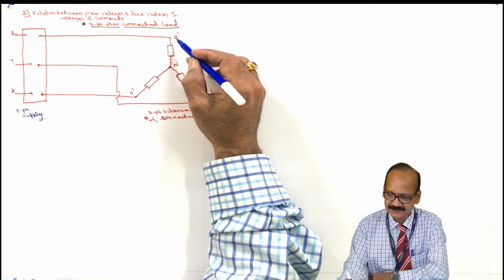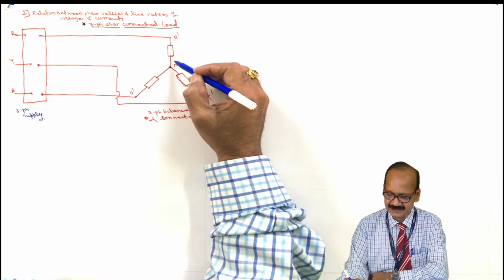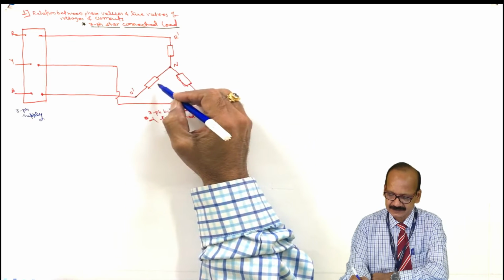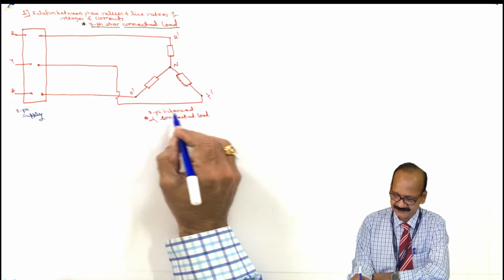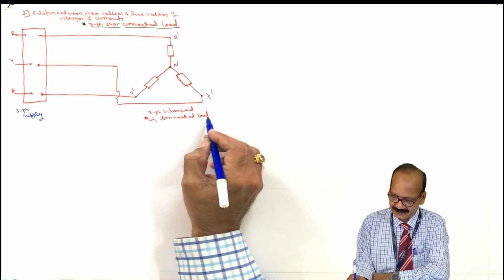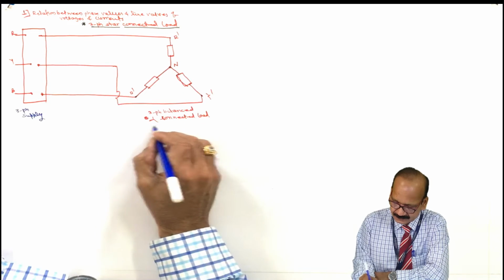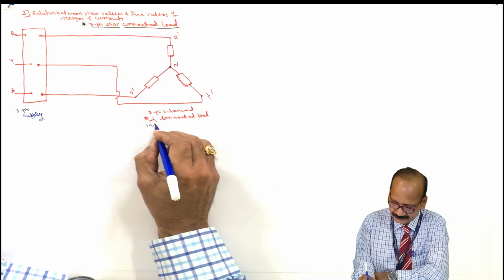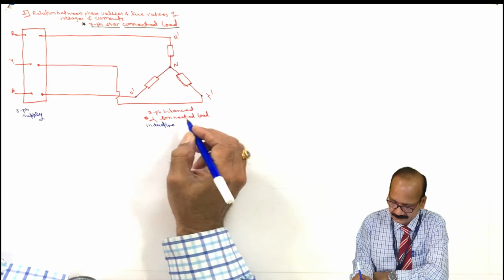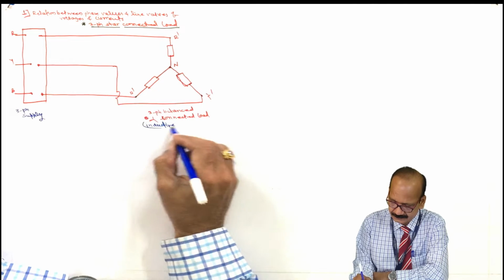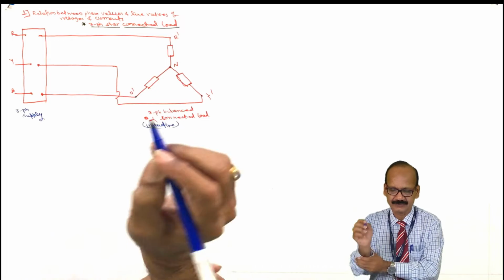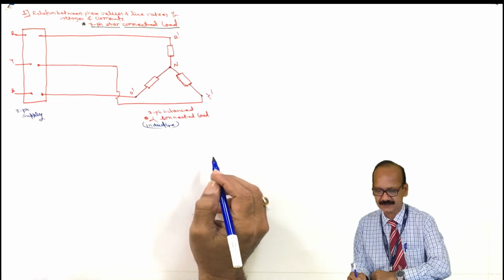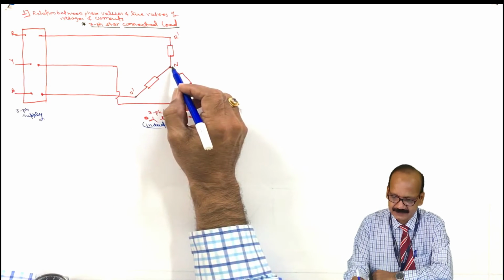And here the loads are connected in the star fashion. So it is a three-phase star connected inductive load. And this is the neutral.